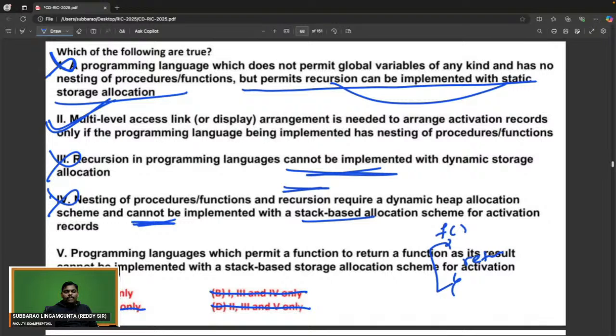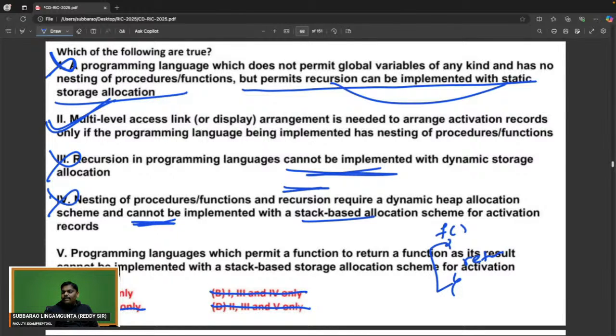Because a function returns a function as its result, those will be popped out when you use a stack. Function return means pop. Because of the popping out, the stack-based allocation scheme cannot implement it.